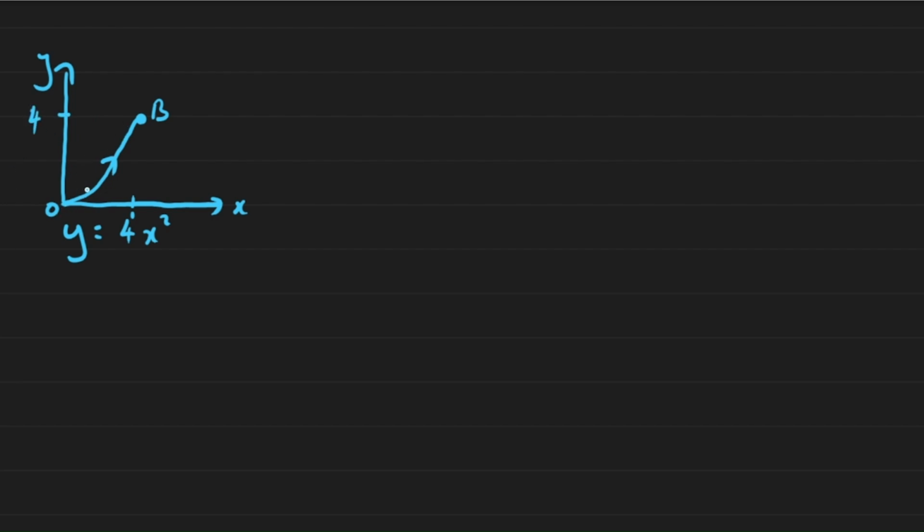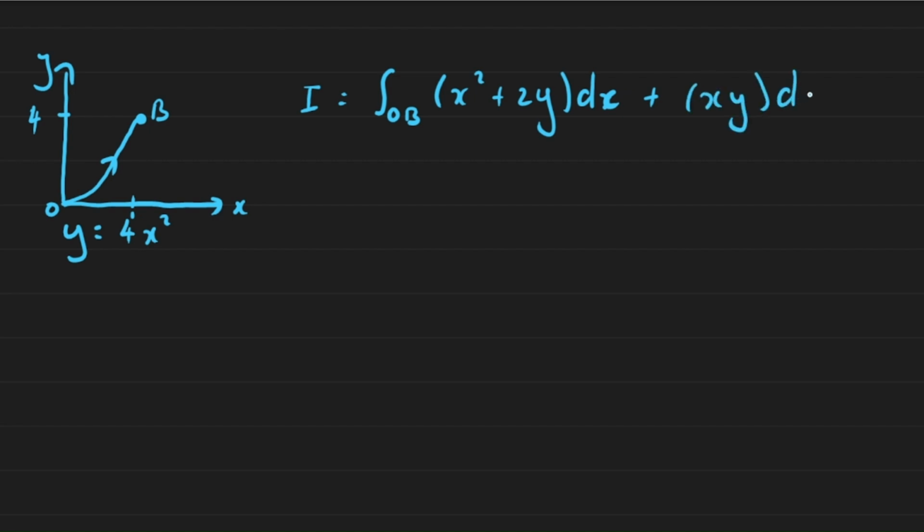So we want to do a line integral from O to B of a certain function. That function is the integral of x squared plus 2y dx plus xy dy. This is, of course, our P, and this is our Q. We don't really need to do anything with P and Q at this stage.